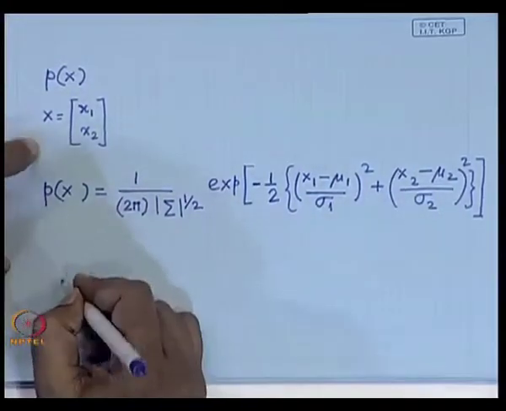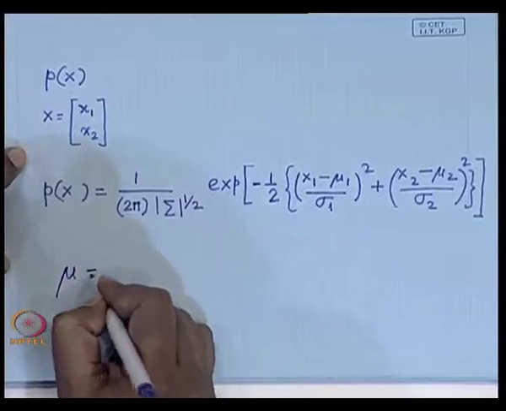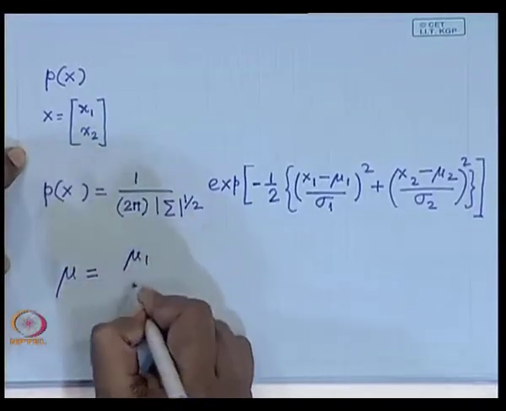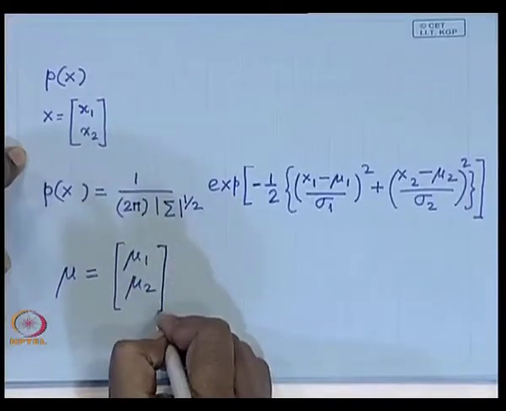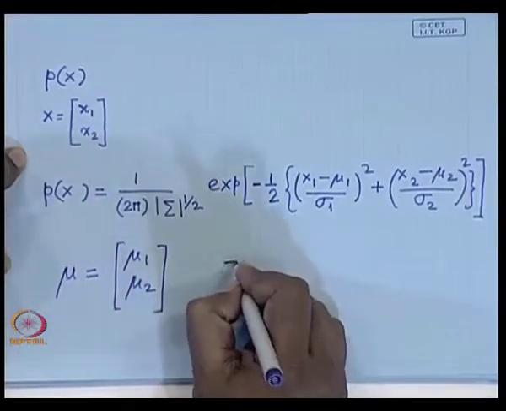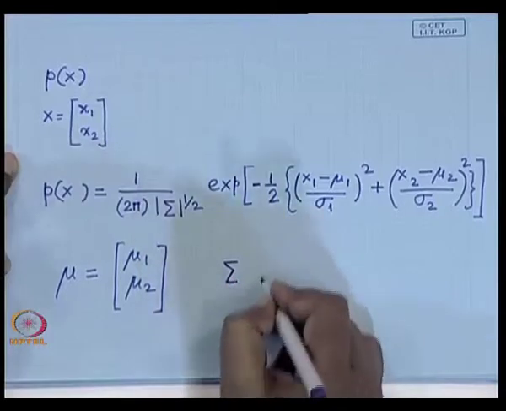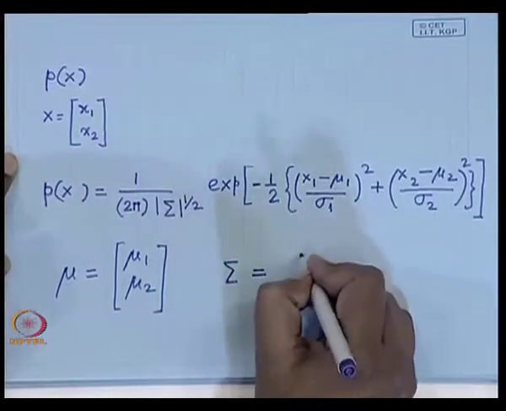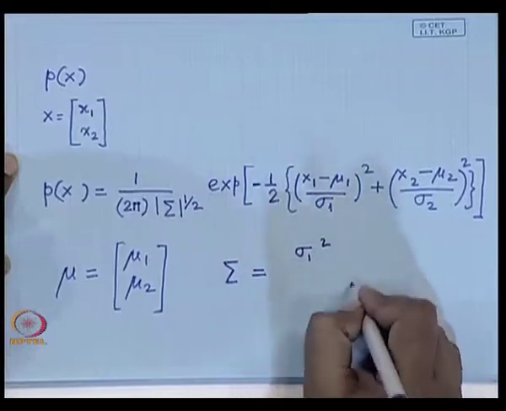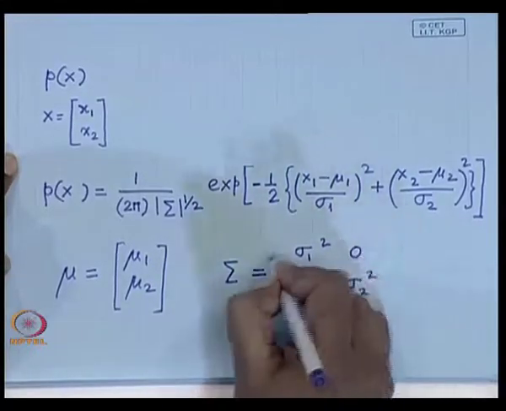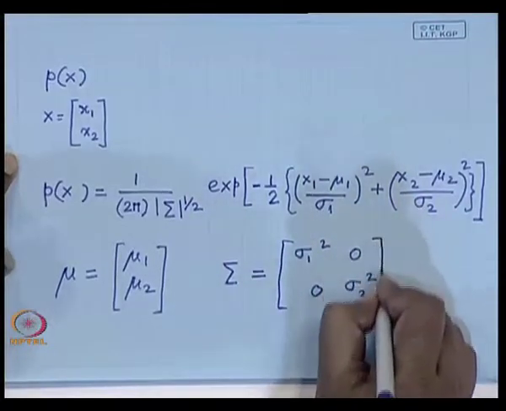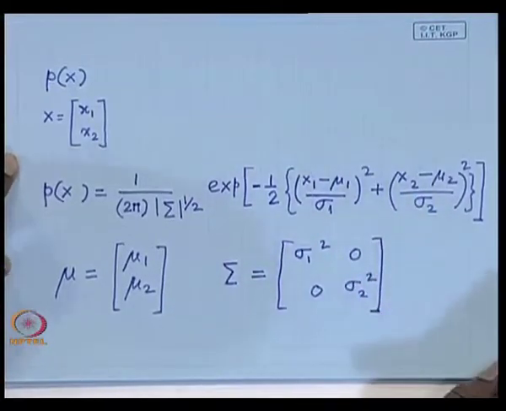That means, my mean vector mu is nothing but mu 1 mu 2, and the covariance matrix sigma is nothing but sigma 1 square sigma 2 square 0 0. Okay. So, this is my covariance matrix and this is the mean vector.